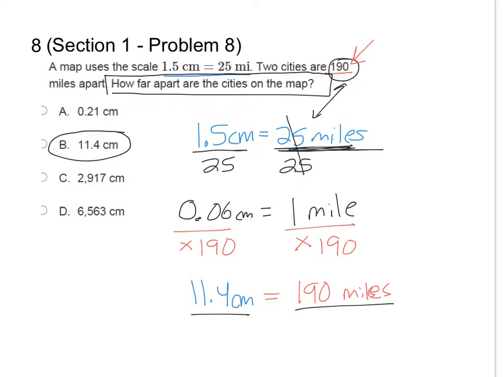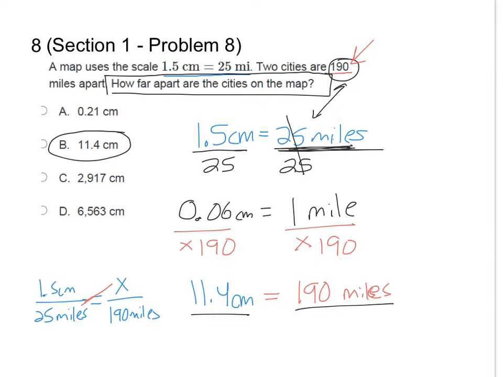What you also might have done in class is you might have said 1.5 centimeters for every 25 miles. You might have written it as a ratio, and you want to know when it equals 190 miles. You want to find out how far apart they are in the map, so that's the x there, and then you would cross multiply.